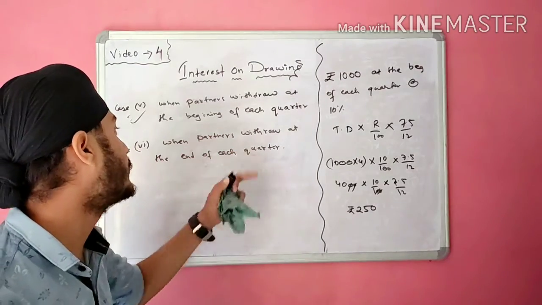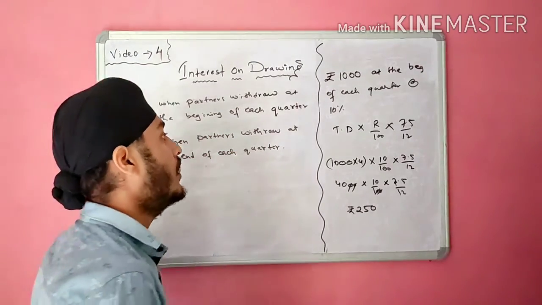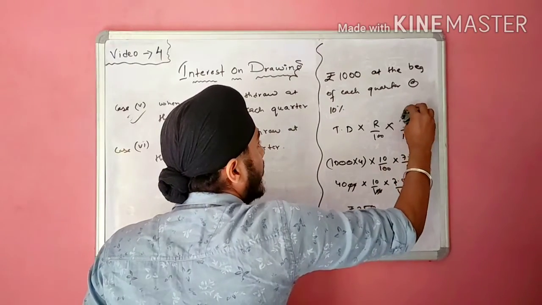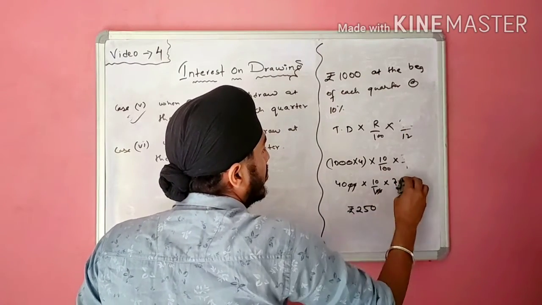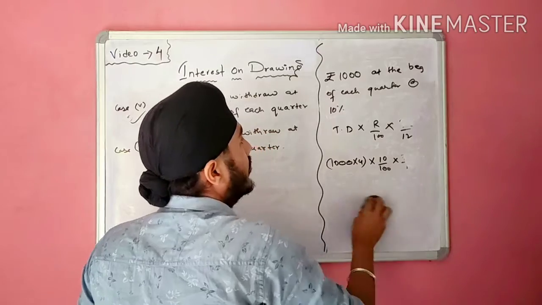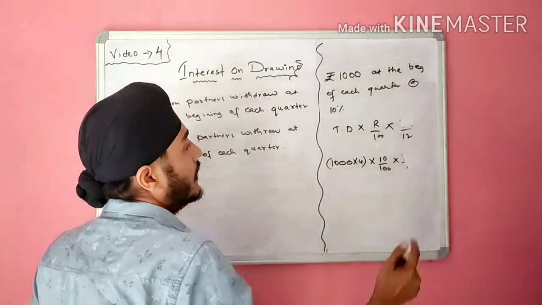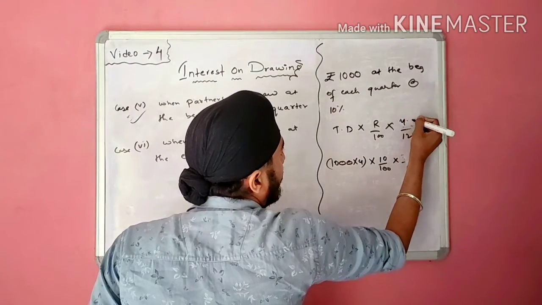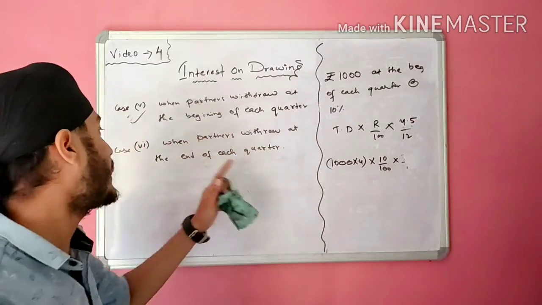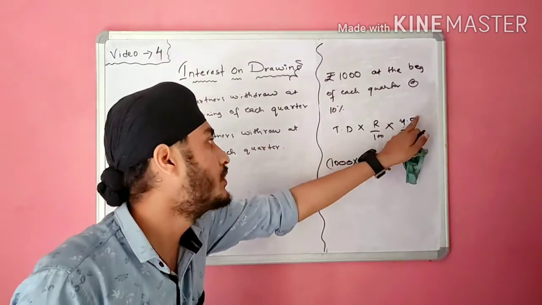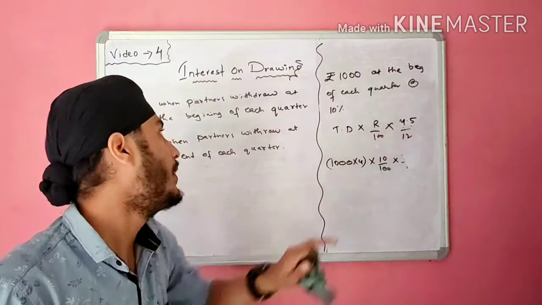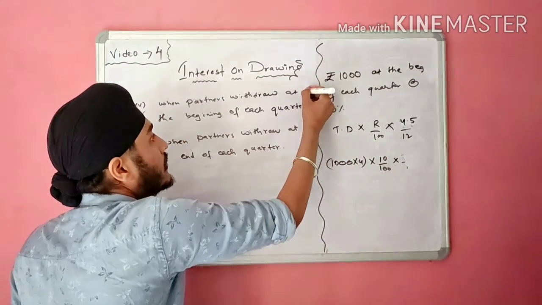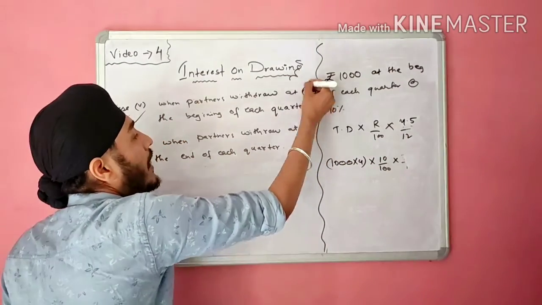Now we'll see when partners withdraw at the end of each quarter. When the partners withdraw at the end of each quarter, the rate will be 10% only. Now the time period will be 4.5 by 12. Whenever the partners withdraw at the end of each quarter, we'll use 4.5 by 12, and at the beginning of each quarter, 7.5 by 12.